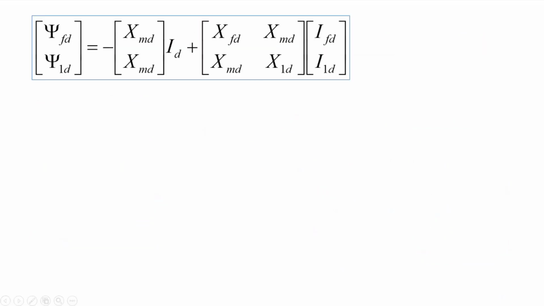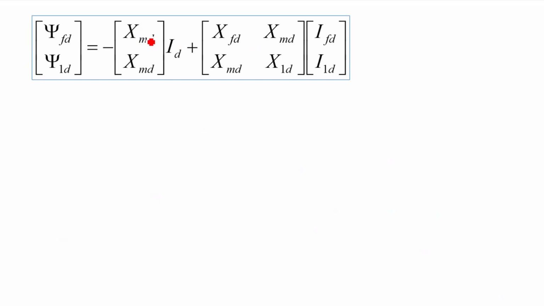In order to find those equations, let us first see the equations of XFD and X1D. Considering the equations of XFD and X1D, we can write the equations of psi FD and psi 1D in matrix form.